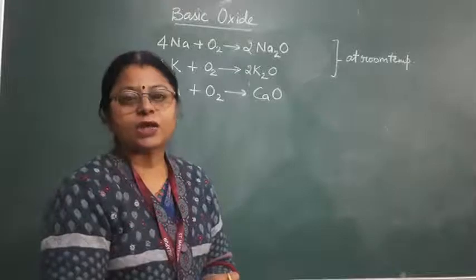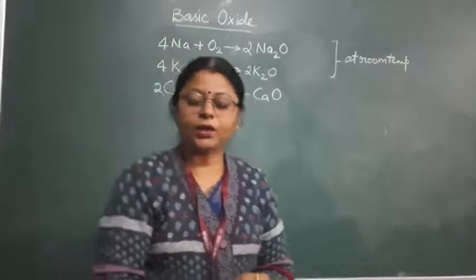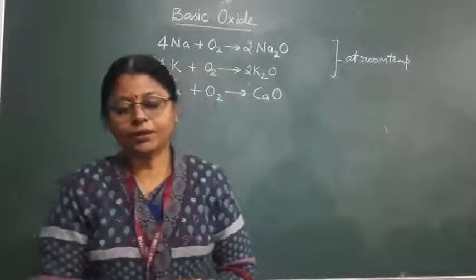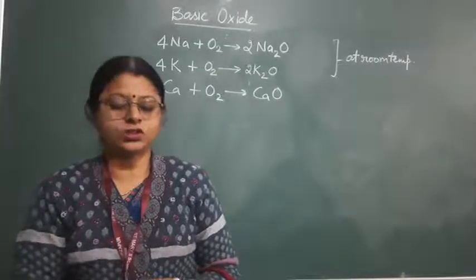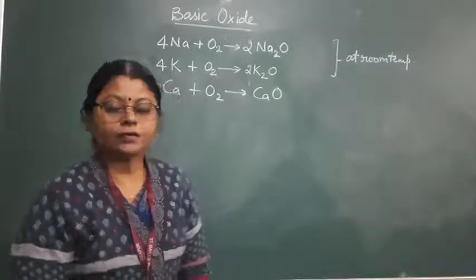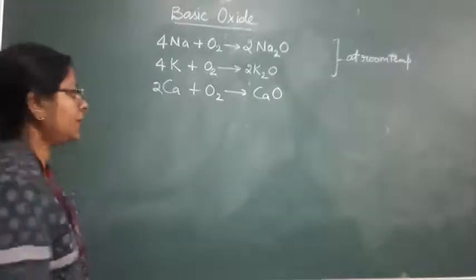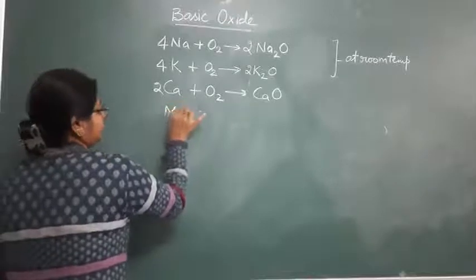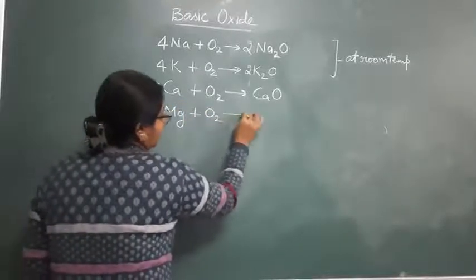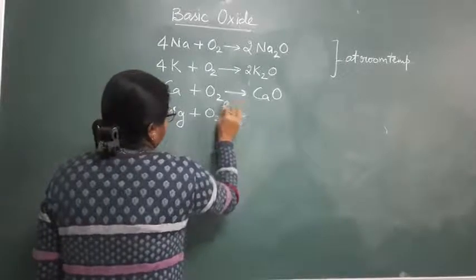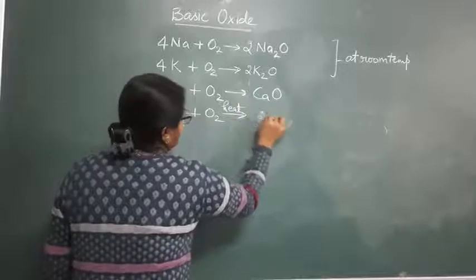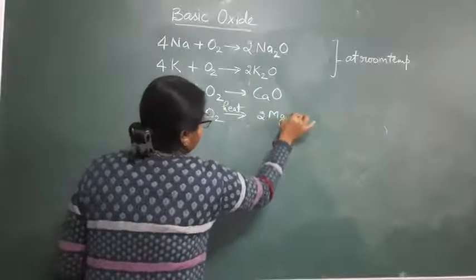Metals such as magnesium, zinc, aluminium, copper, iron, lead and mercury react with oxygen only upon heating to form the respective oxide. Magnesium, when it reacts with oxygen on burning, forms magnesium oxide.